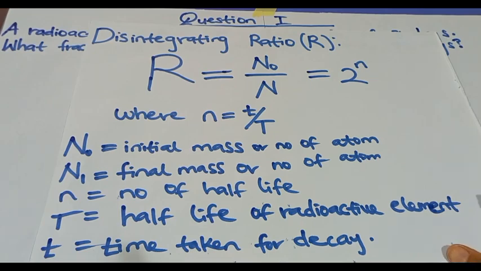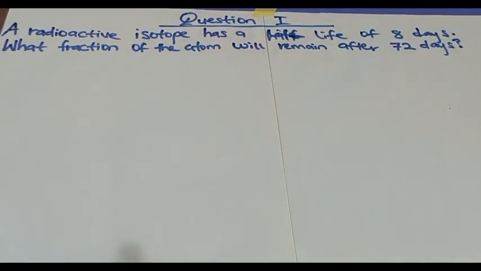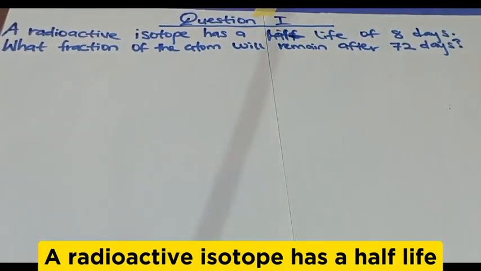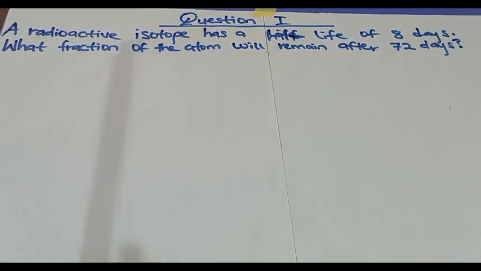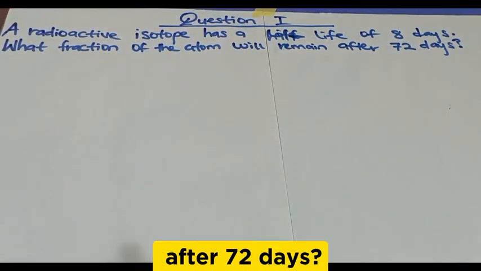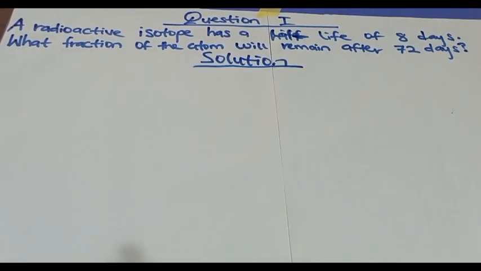So with these formulas in mind, let's look at this first question. A radioactive isotope has a half-life of 8 days. What fraction of the atom will remain after 72 days? To solve this, let's write out all that we are given, then we'll apply the formula.